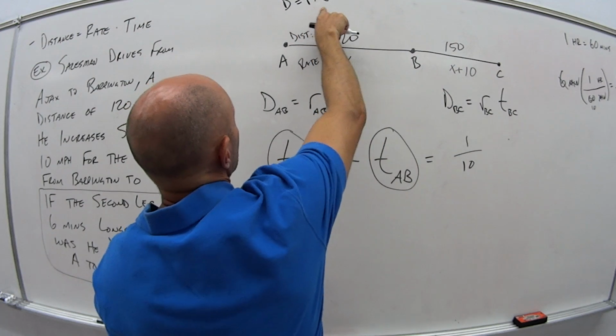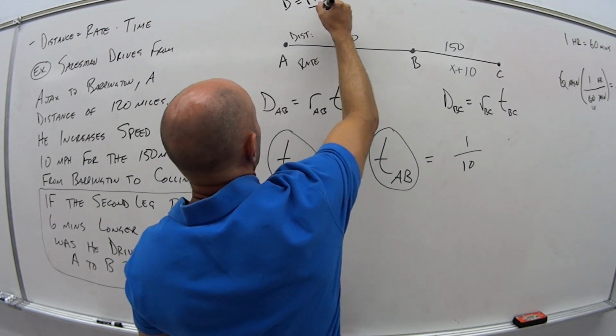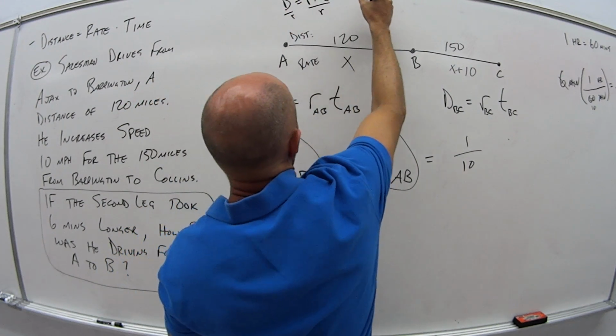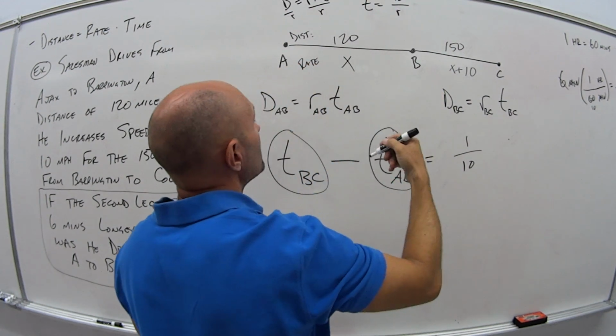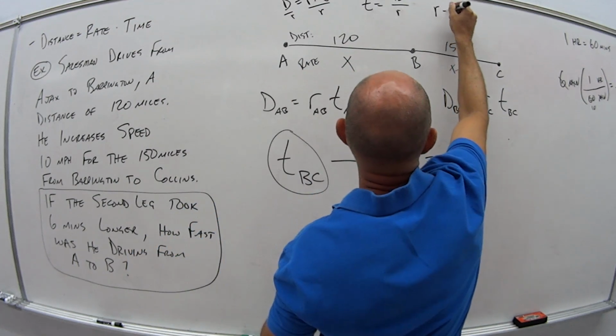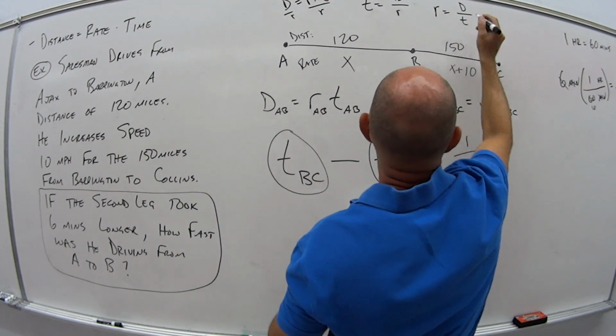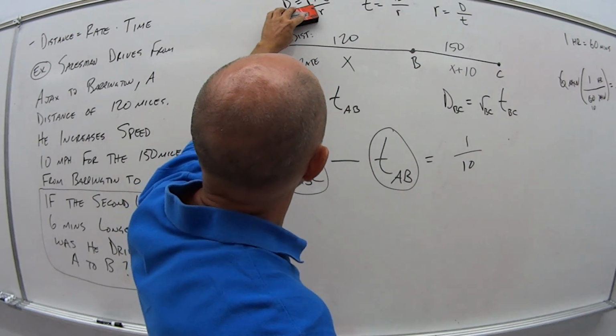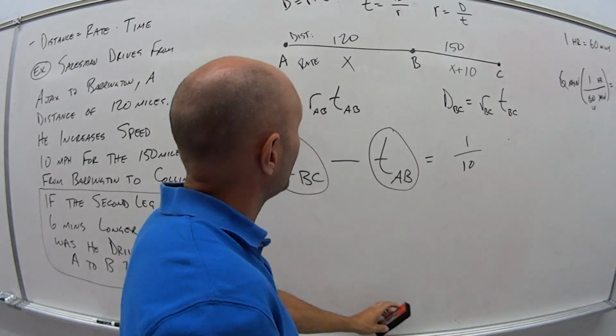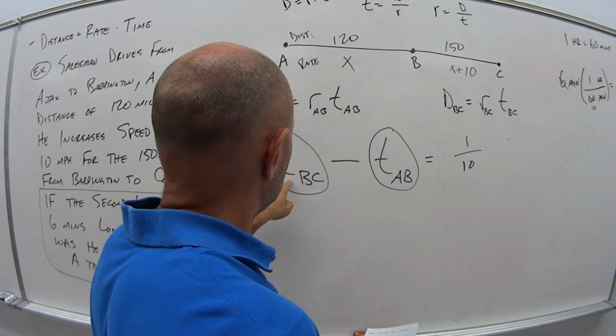So if I have distance equals rate times time, if I divide both of these sides by r, that means time is equal to distance divided by rate. Or similarly, rate is equal to distance divided by time. So if you want to put those three formulas on your cheat sheet, you can. Well, I want TBC.